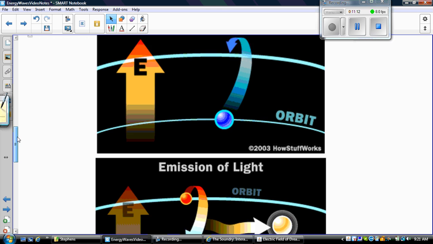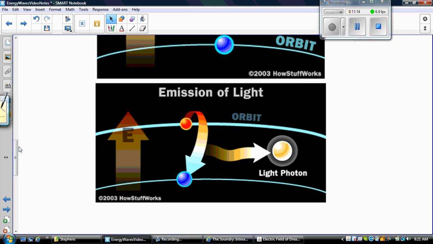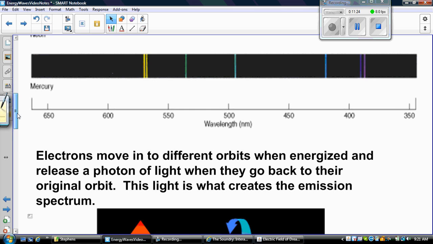When it falls back down, it releases some of that kinetic energy, which gets transferred into light energy. That light energy is this emission spectrum that we see from the elements. These are the electrons that are bouncing around from orbit levels. When they go back to their orbit level, they transfer that kinetic energy into light energy, and that's your emission spectrum.